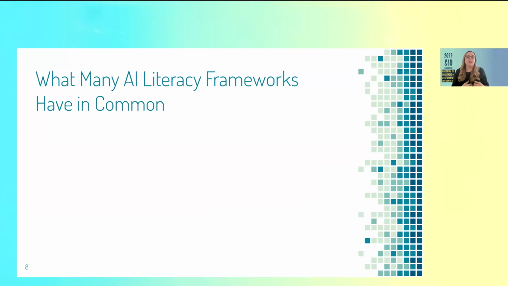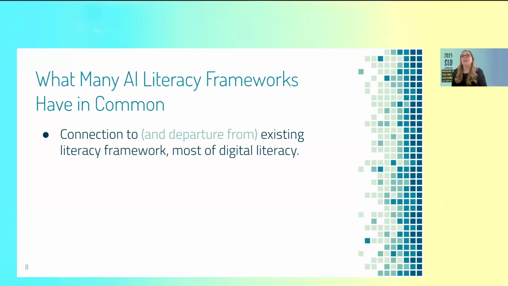But I want to share what a lot of those literacy frameworks actually have in common. If you were to read all of them, you would probably see this yourself. But I think this will continue as even more come out. What a lot of these frameworks, in my experience, have in common is that there is already a connection to and often a departure from some kind of existing literacy framework.